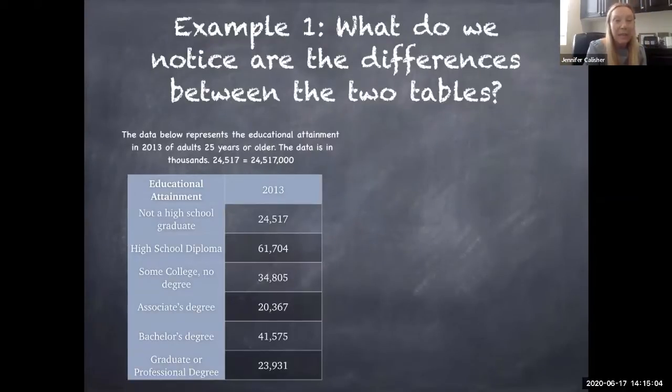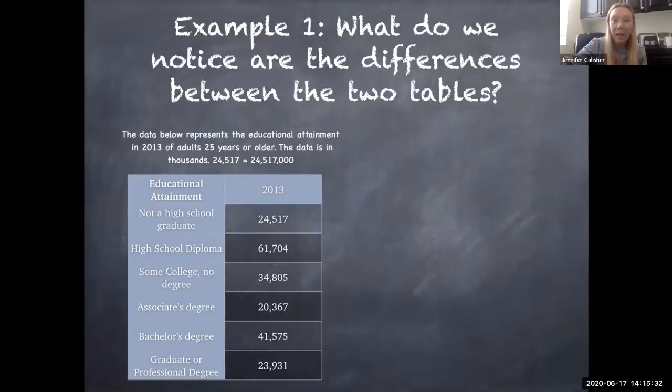So if you look along the top, it says educational attainment, and then it says not a high school graduate, and so forth. And then the next column says 2013, and for not a high school graduate, we have a frequency of 24,517. So that actually would be 24,517,000. But really the important thing is to see this chart, okay?